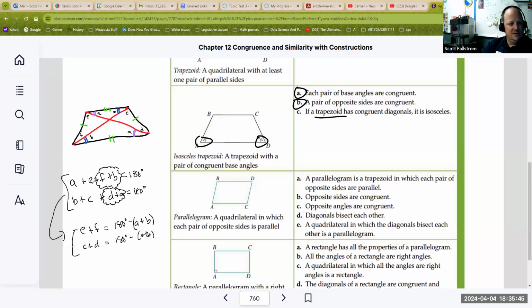Can we show that A plus E is the same as B plus C? Hmm.